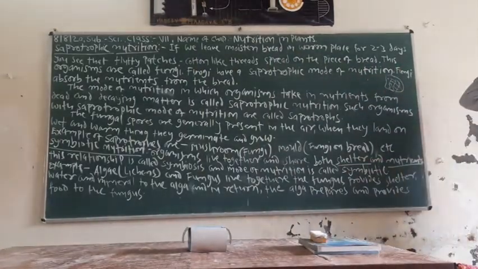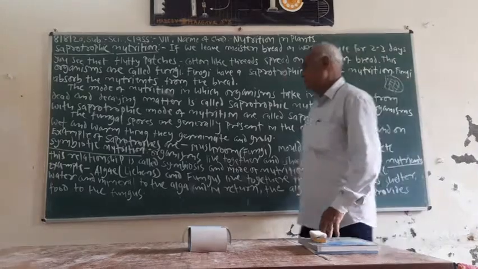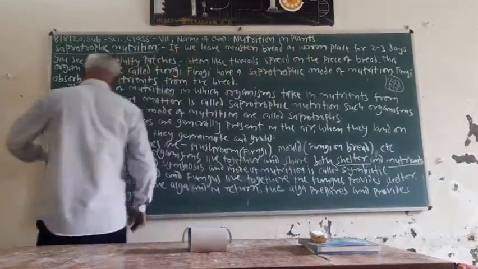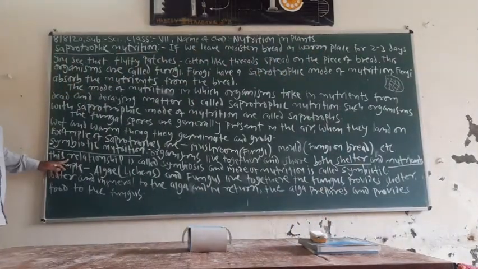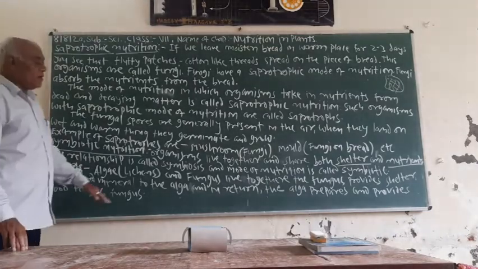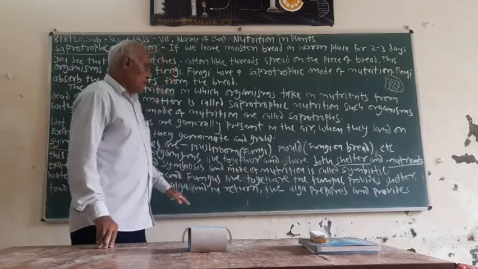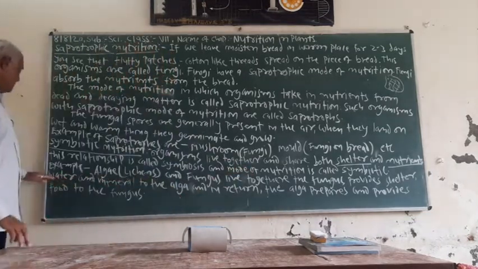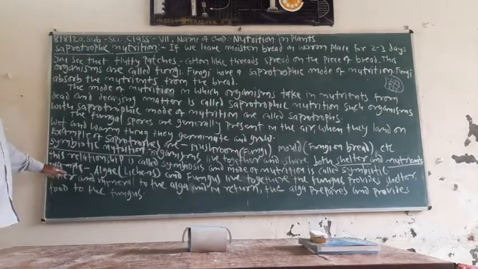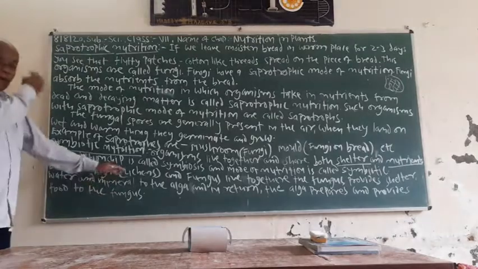They both share shelter as well as nutrients. So it is called a symbiotic relationship, and the mode of nutrition is called symbiotic nutrition. An example of a symbiotic relationship is algae and fungus, the lichen.